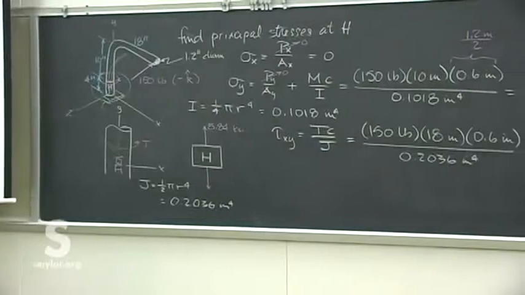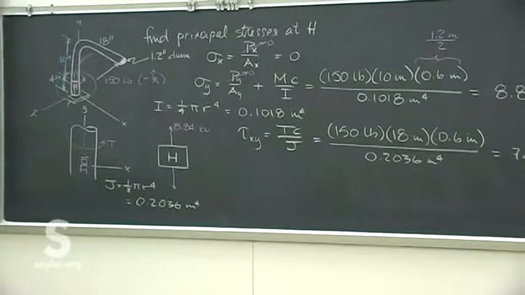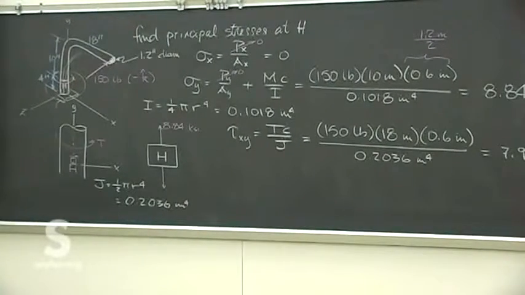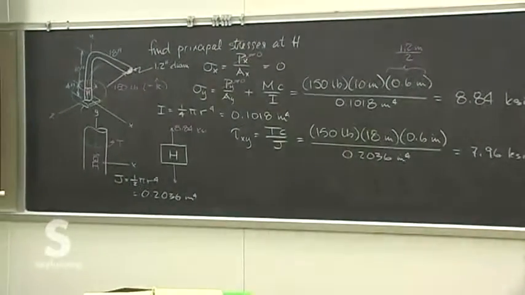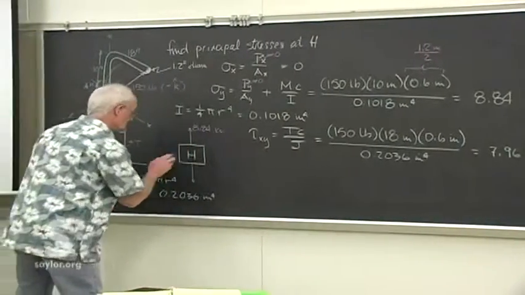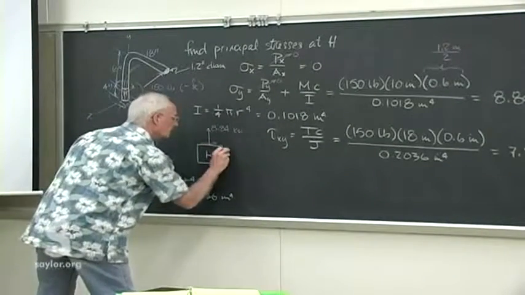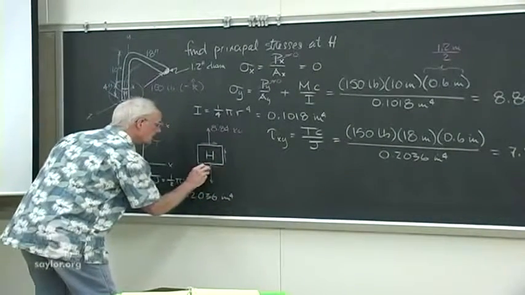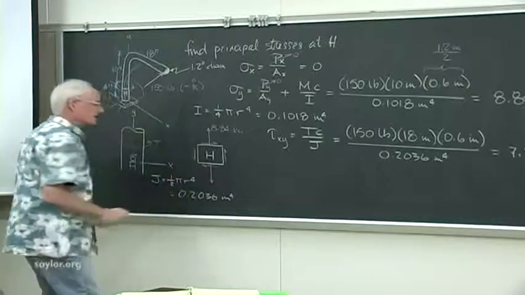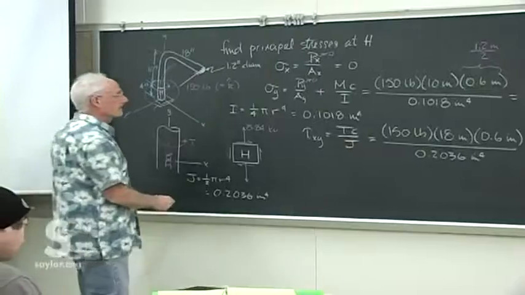All right, you can figure out the principal stresses, the principal angles, and sketch Mohr's circle, and sketch the two principal direction elements that goes with this, the P element and the S element.